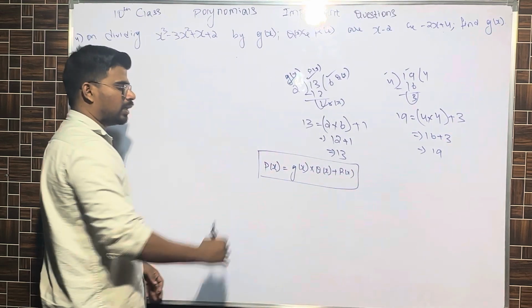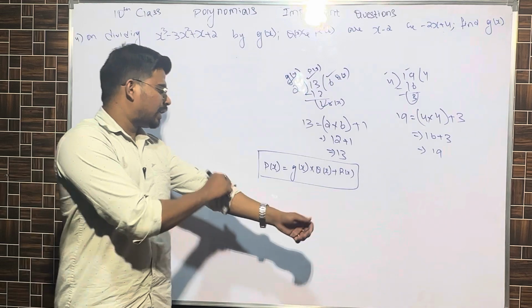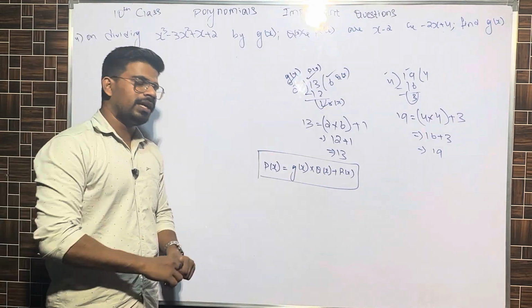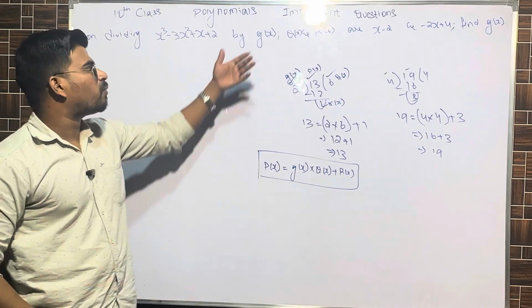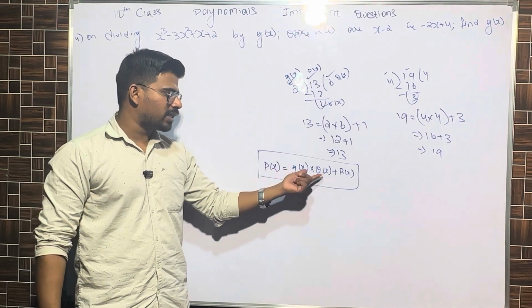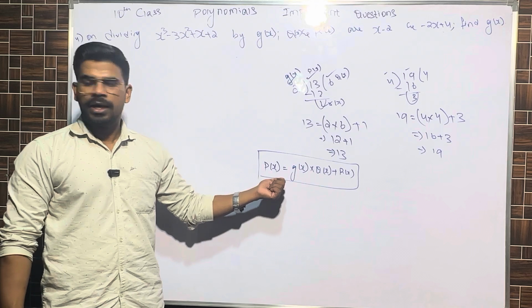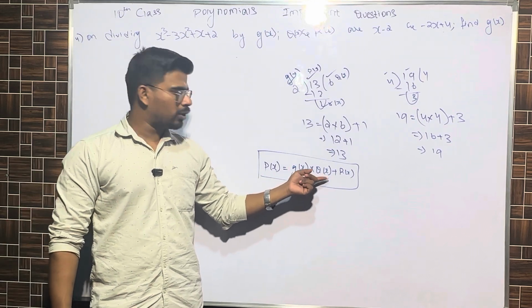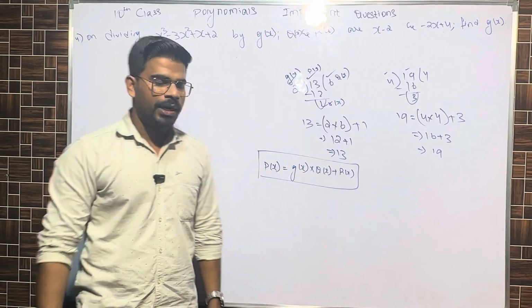This is the division criteria that we already saw, but here we are writing in the form of x because it's a polynomial in terms of x. Dividend is equal to divisor into quotient plus remainder. Divisor is denoted by g of x, quotient by q of x, and remainder by r of x.